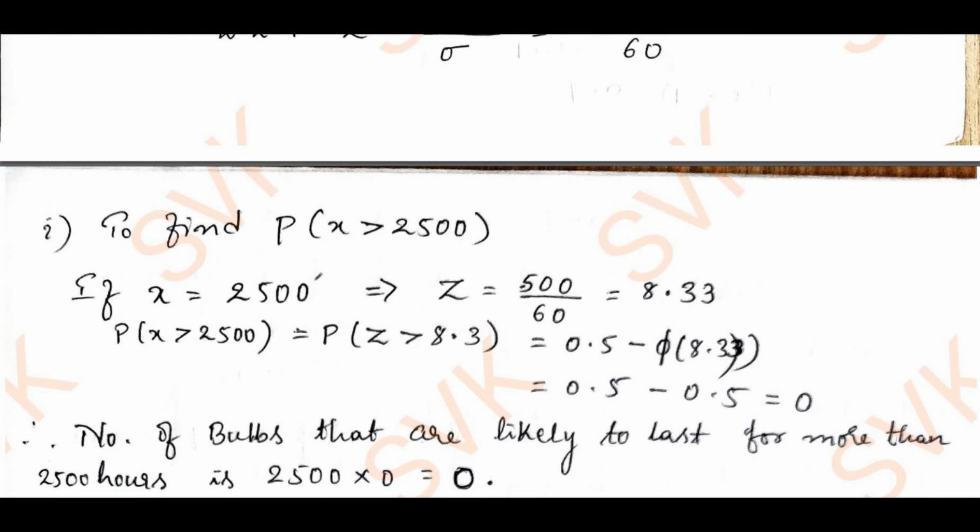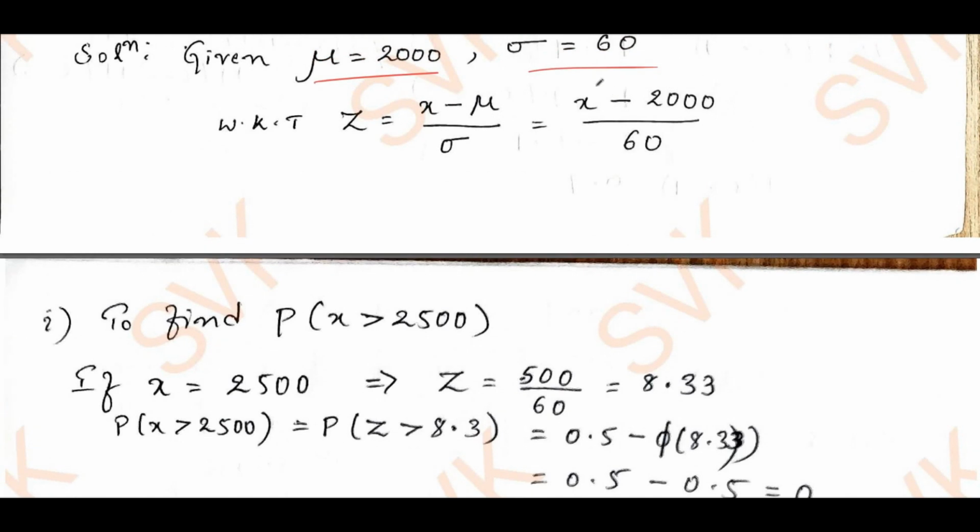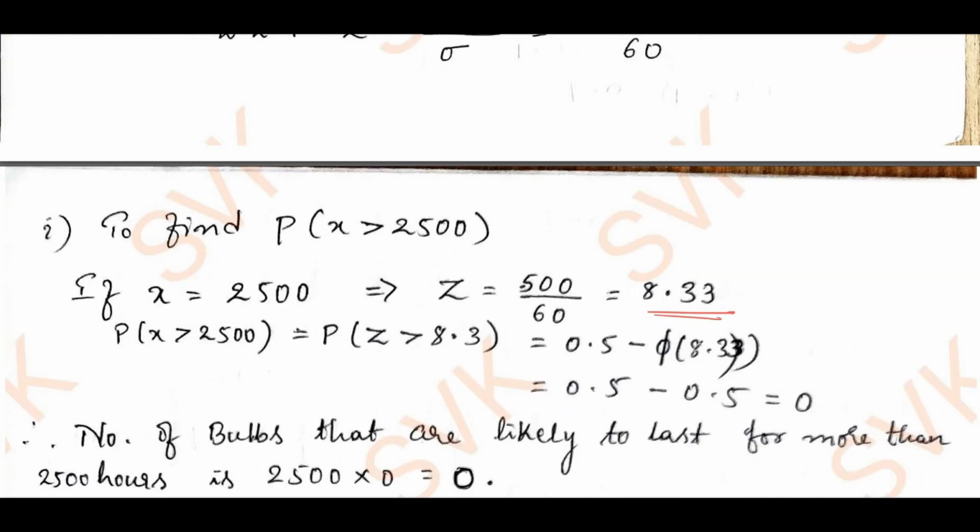So I will put x value equal to 2500 in this formula. I am going to get 2500 minus 2000, which is 500, divided by 60. So z is equal to 500 by 60, which is equal to 8.33. Therefore the probability of x greater than 2500 will be z greater than 8.33, so 0.5 minus phi of 8.33.